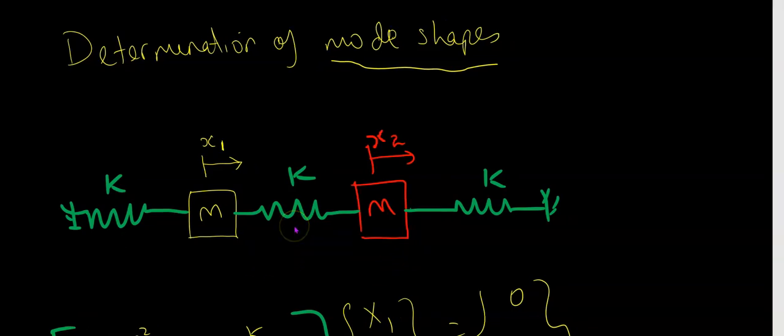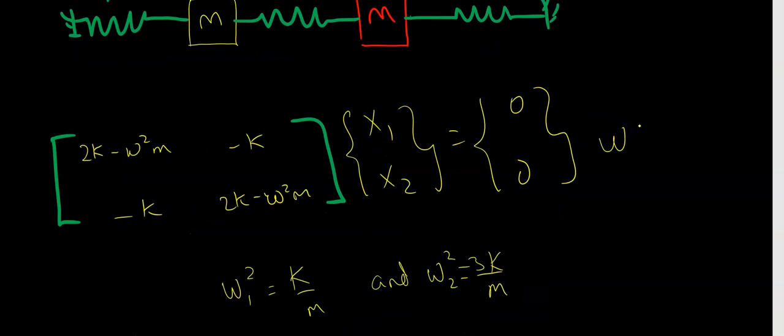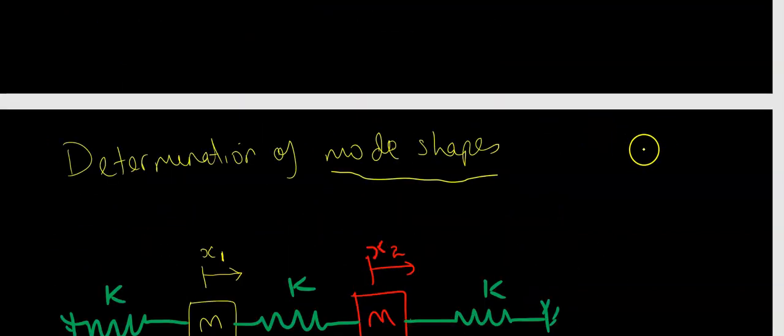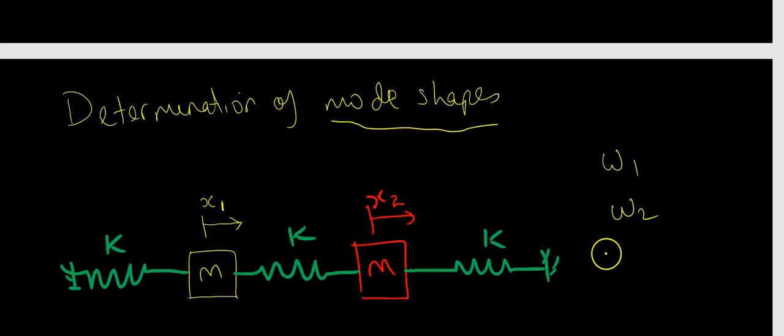Now, for each natural frequency, omega 1 and omega 2, there's a particular shape of vibration associated with each one.